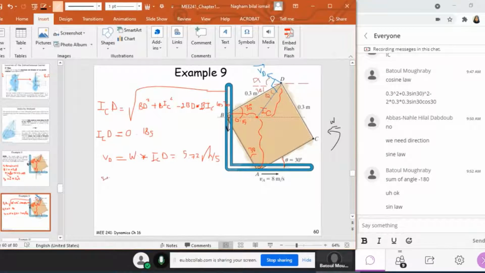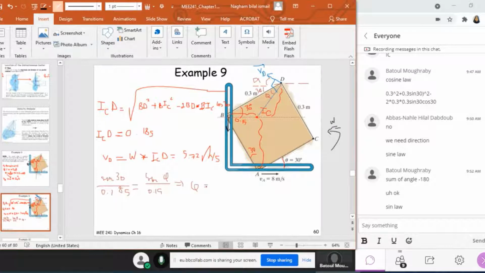So sine 30 over ICD, which is 0.185, is equal to sine phi over 0.15. So now I can find phi.